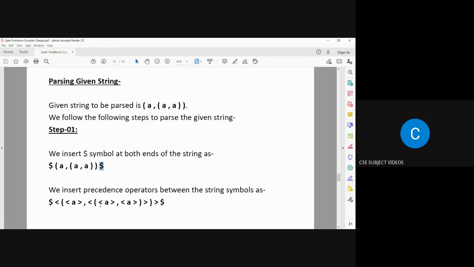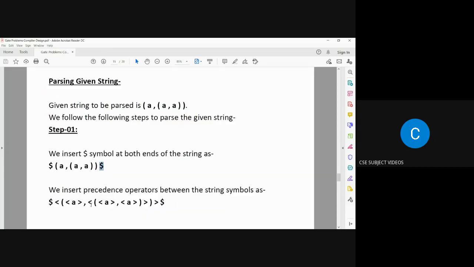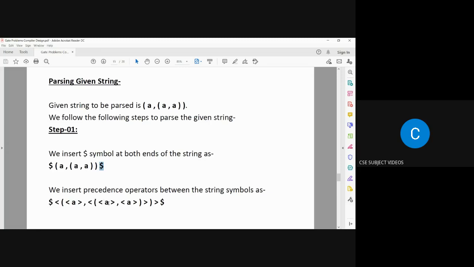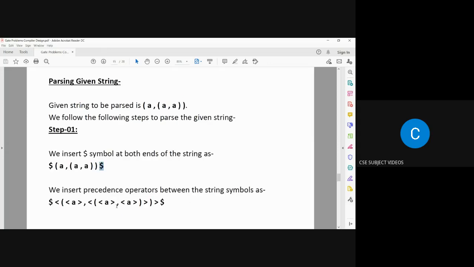And then open bracket. What is the priority? Comma and then open bracket: comma less than open bracket, comma less than open bracket. Okay, next open bracket and then A: open bracket less than A, open bracket less than A. Next A comma: A greater than comma, A greater than comma.